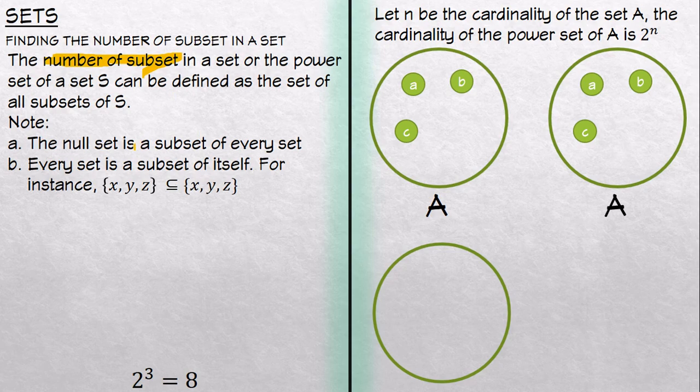First thing that we have to look over here is, let me talk about the B first. Every set is a subset of itself.